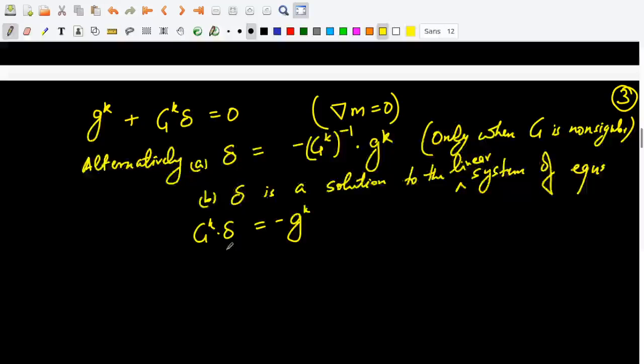On the other hand, writing it this way is slightly more robust, in the sense that even when the inverse of Gk does not exist, I can still try to find a solution to this system of equations.